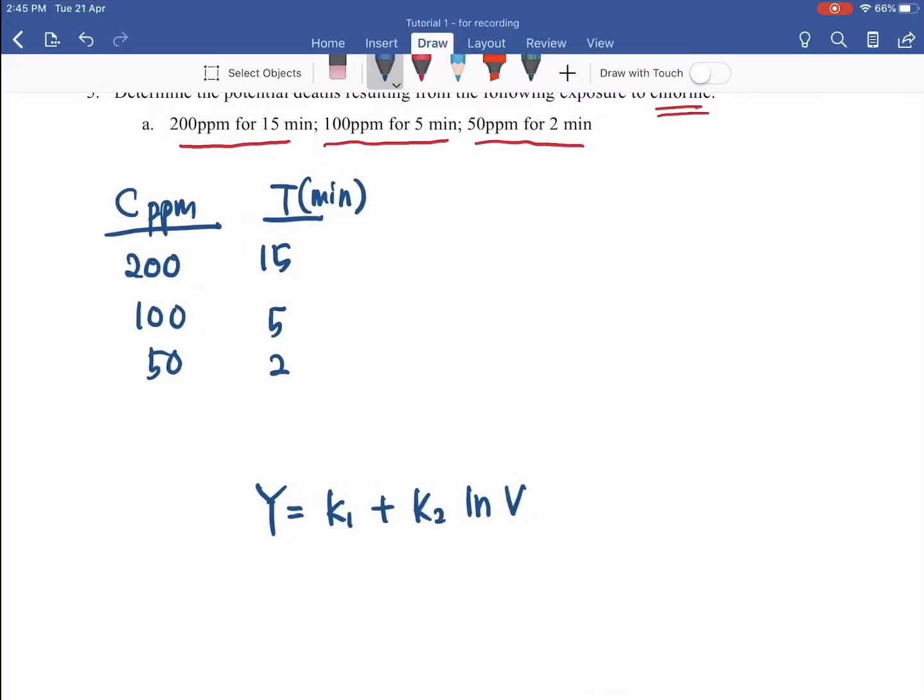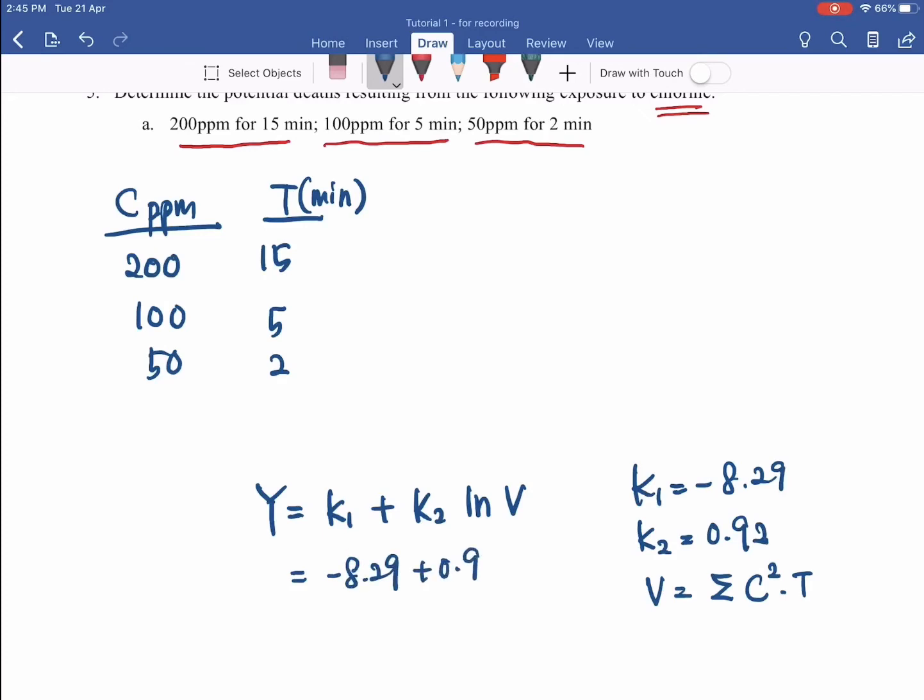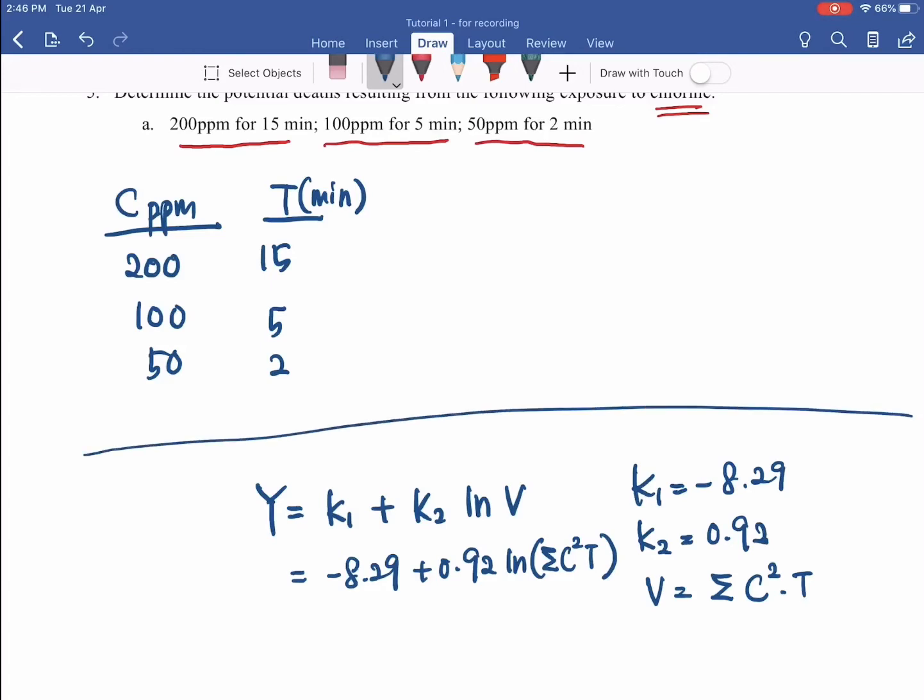K1 is negative 8.29, K2 is 0.92, and then we have the summation of C to the power of 2 times T. So our equation is Y equals negative 8.29 plus 0.92 ln of the summation of C squared T. So if we come back to this table, we will need C squared.